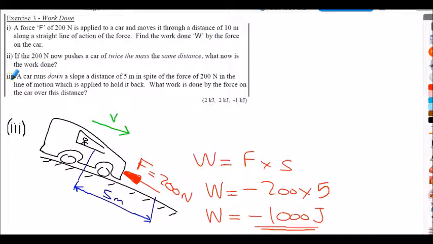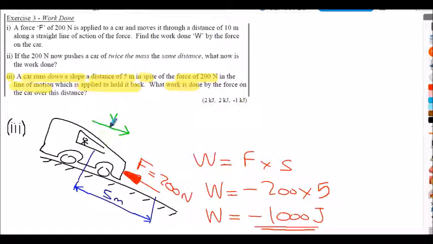And in part 3, we have the car runs down a slope, a distance of 5 meters, in spite of a force of 200 newtons in the line of motion, which is applied to try and hold it back. If we calculate the work done now, we notice it will be negative work done. Here's our scenario.